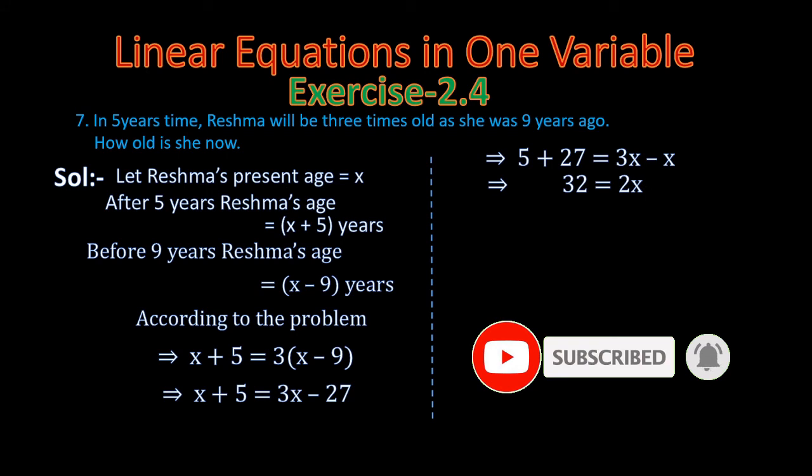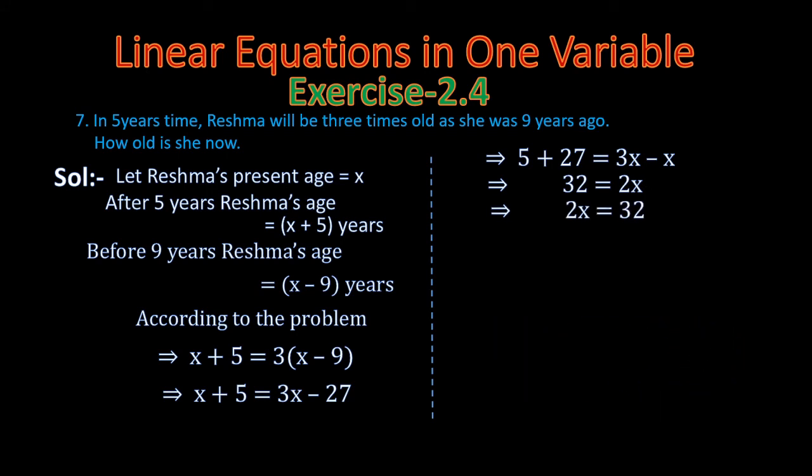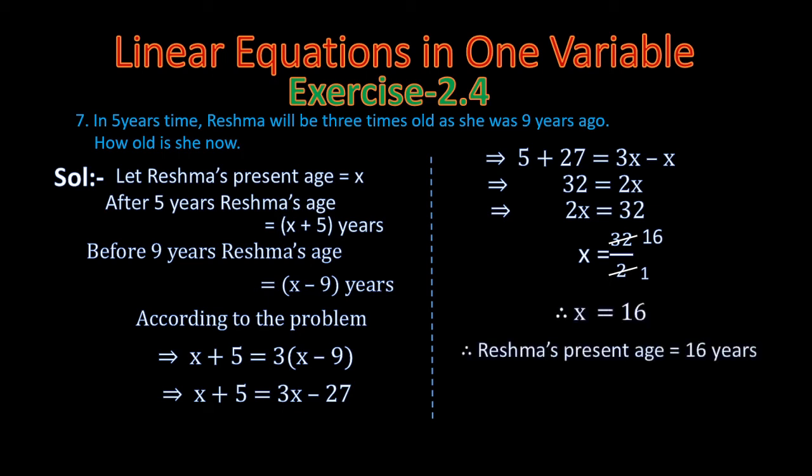Implies 32 is equal to 2x. 2x is equal to 32. x is equal to 32 by 2. 2 sixteens are 32. Therefore, x is equal to 16. Reshma's present age is equal to 16 years.